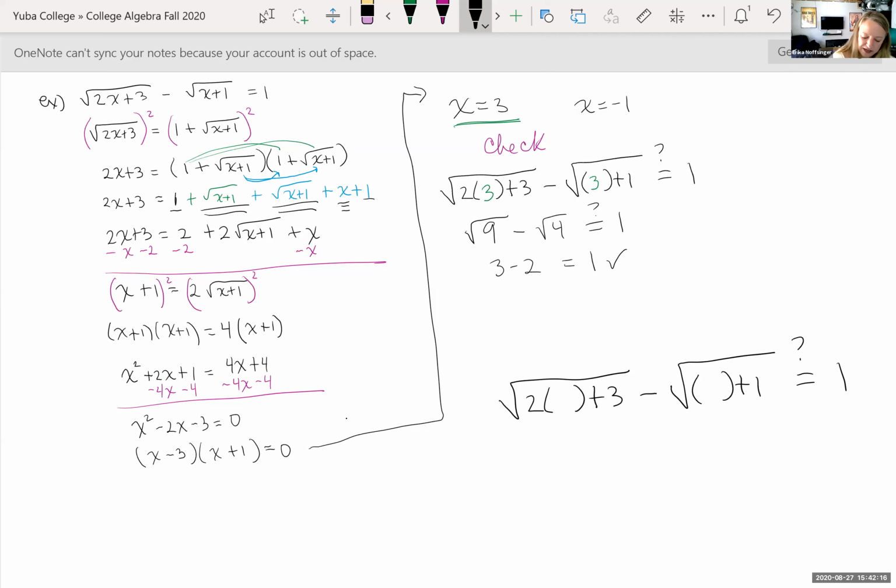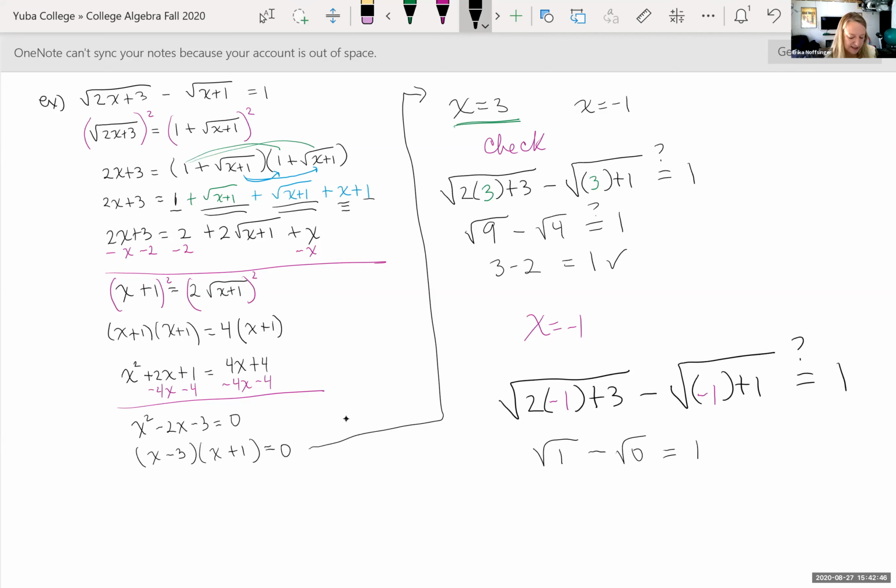So now plug in x equals negative 1. So plug in negative 1 wherever you see an x. So we have 2 times negative 1 underneath the radical plus 3. So that's negative 2 plus 3, which is positive 1. So this would give us the square root of 1 minus, here we have negative 1 plus 1 underneath the radical, which is 0, and the square root of 0 is 0.